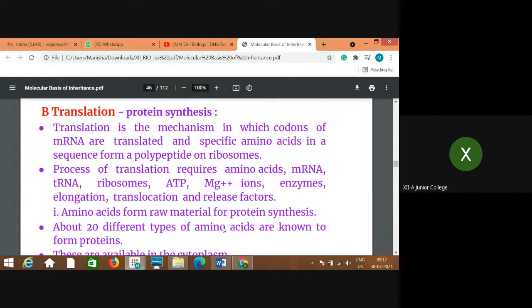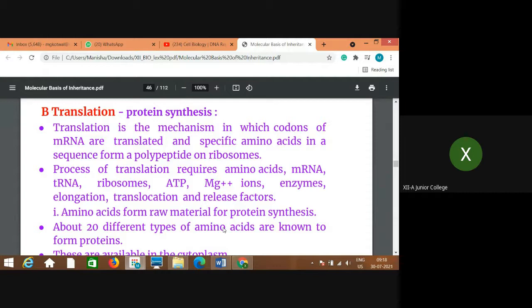In the process of protein synthesis, the first step is transcription. That means the information required for protein synthesis is taken and transcribed onto mRNA in a code language. In the next step, translation, that code language is translated to form proteins.